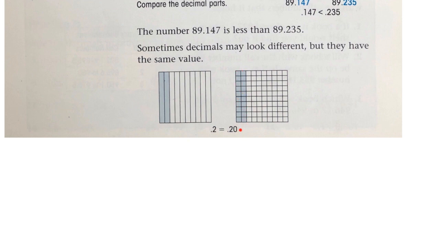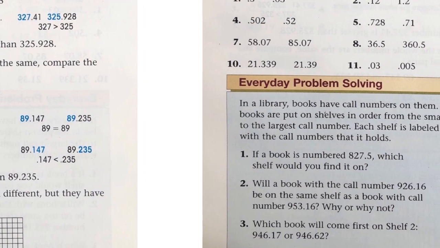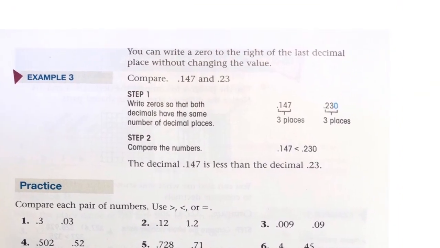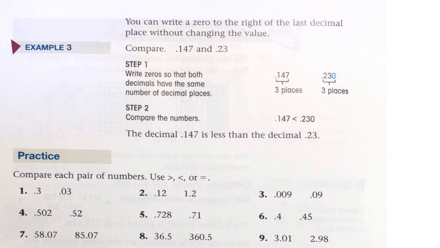But we can see that they have the same value. You can write a 0 to the right of the last decimal place without changing the value.